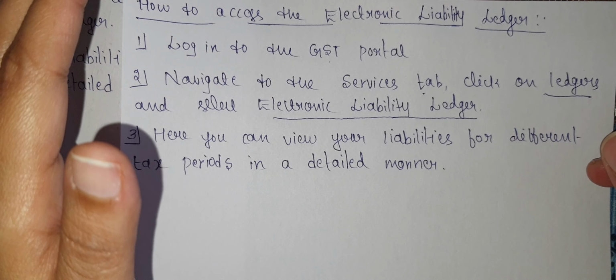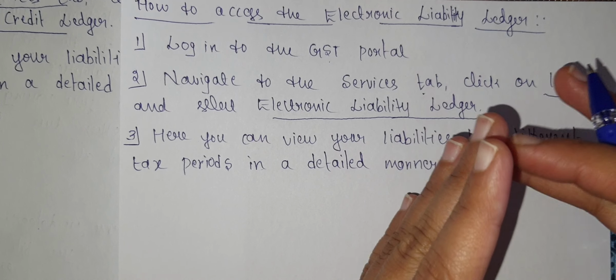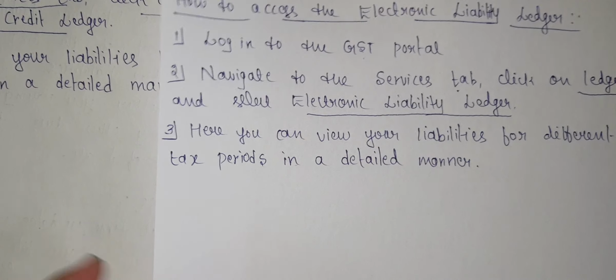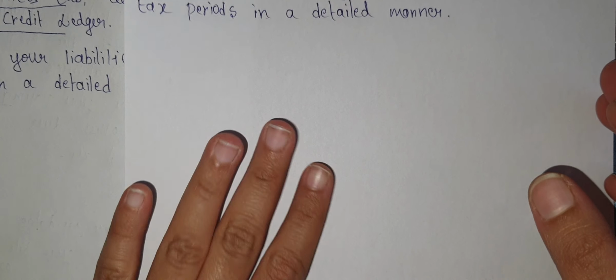in a detailed manner. Now let's take a simple example to understand how the electronic liability ledger works. Suppose you are a registered taxpayer under GST.